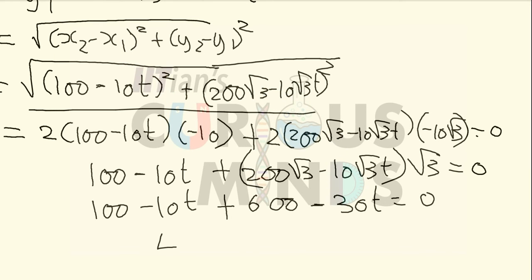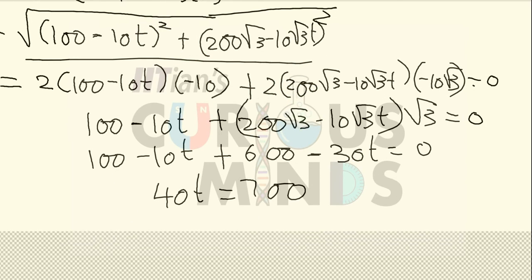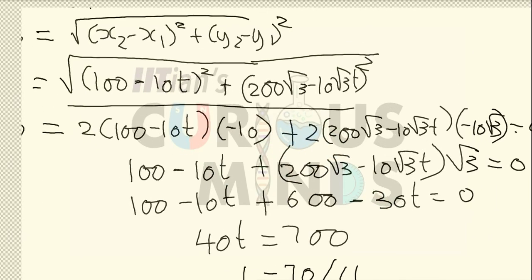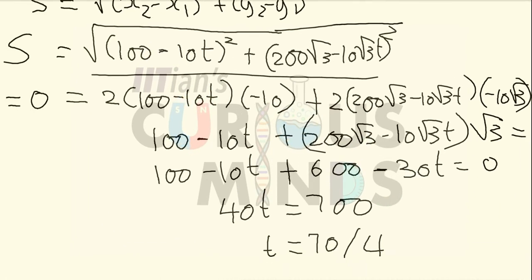So basically 40t will be equal to 700, or t will be equal to 70 divided by 4. Now I got the value of t equal to 70 by 4. Now I will substitute in this formula.